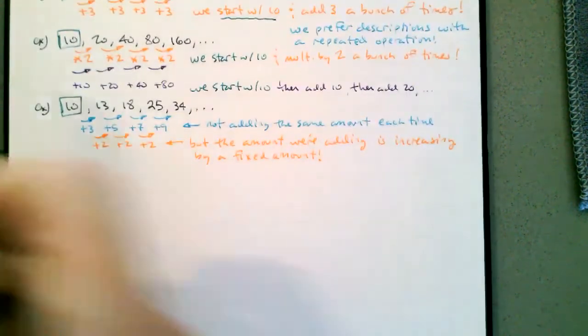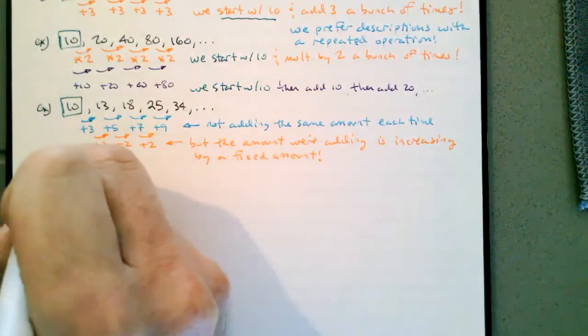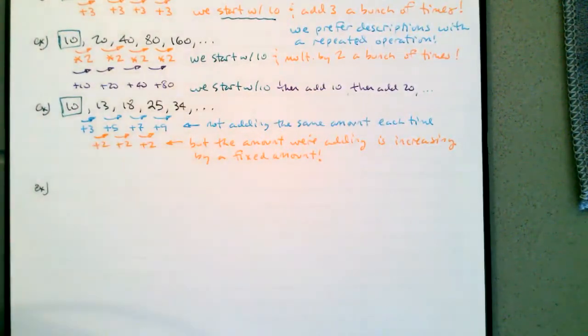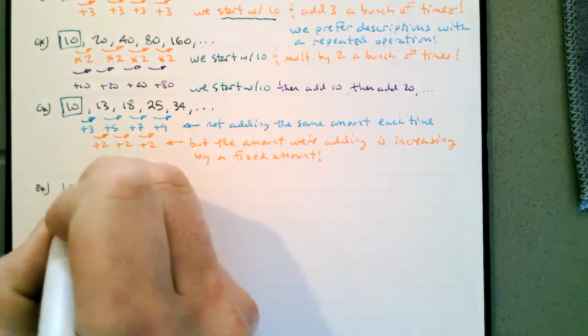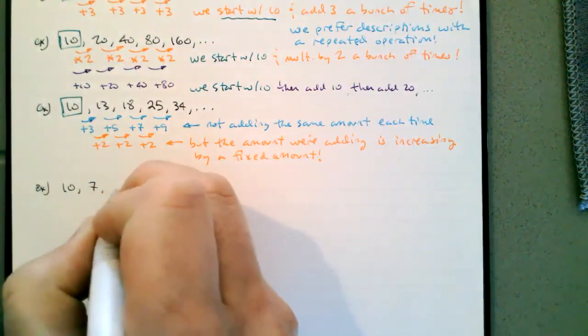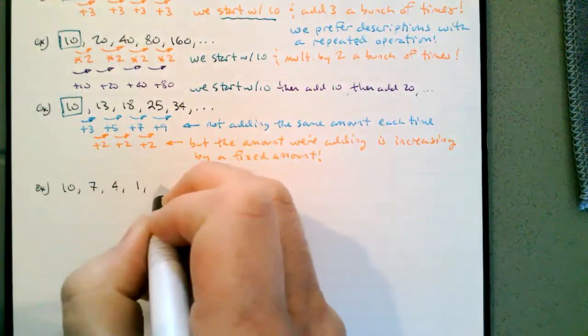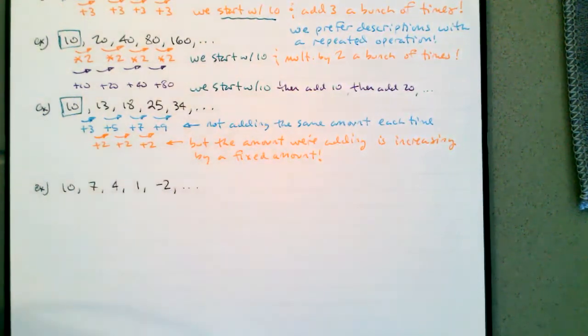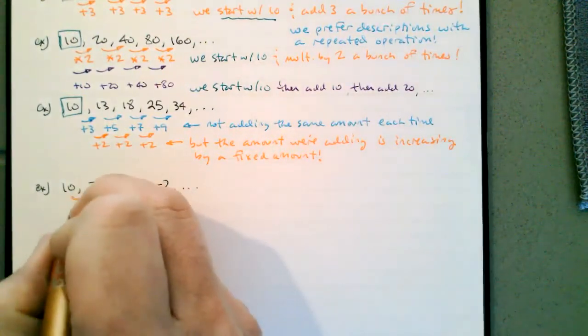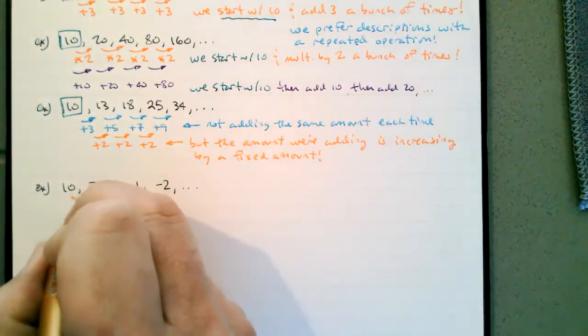So for example, if I look at a pattern that starts with 10 and goes to 7 and then 4 and then 1 and then -2 and continues on from there, that's repeated subtraction, we're subtracting 3.